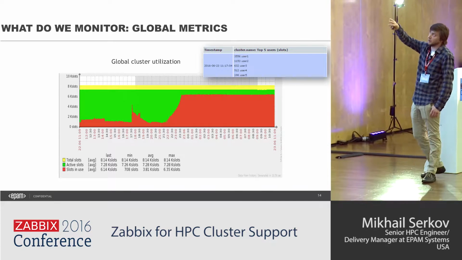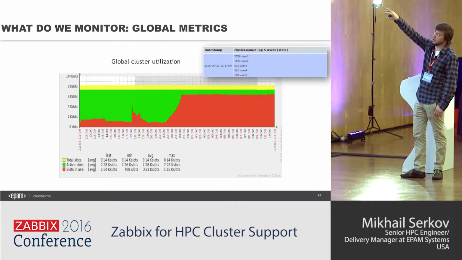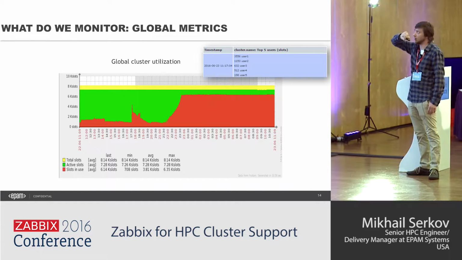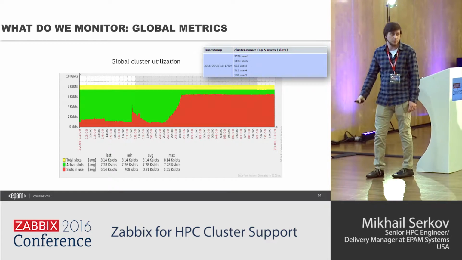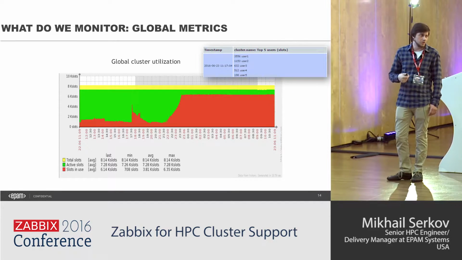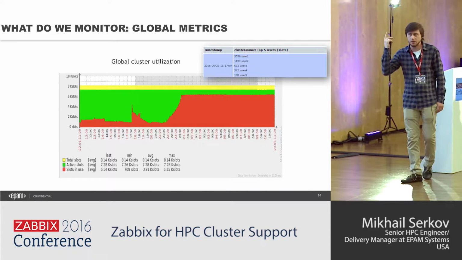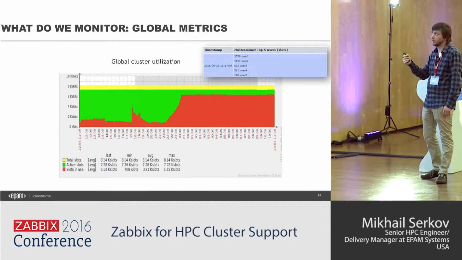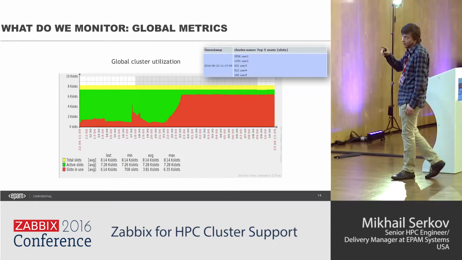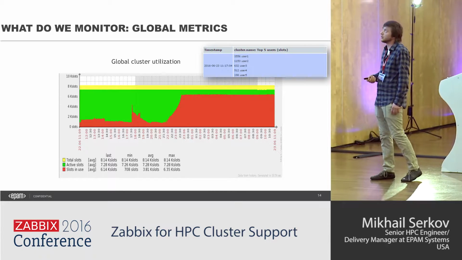And even on this graph, we see that we have a green line above the red one. It means that for some reason, not all CPU cores are utilized. So we have to go and check why. In this case, they're just reserved, but in general, we have to check why they're not in use.